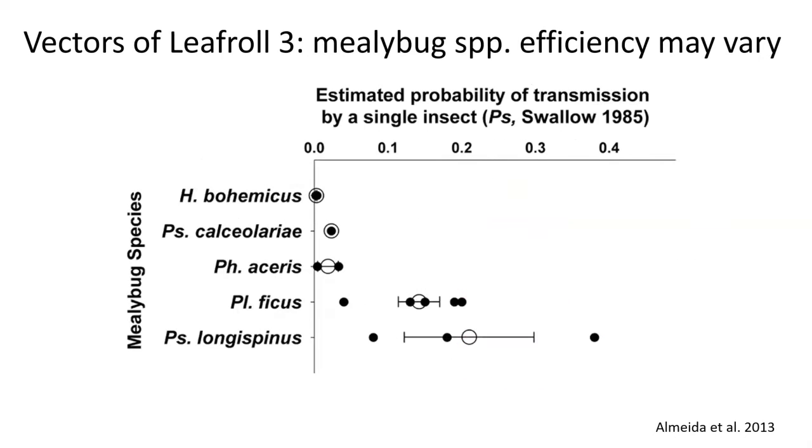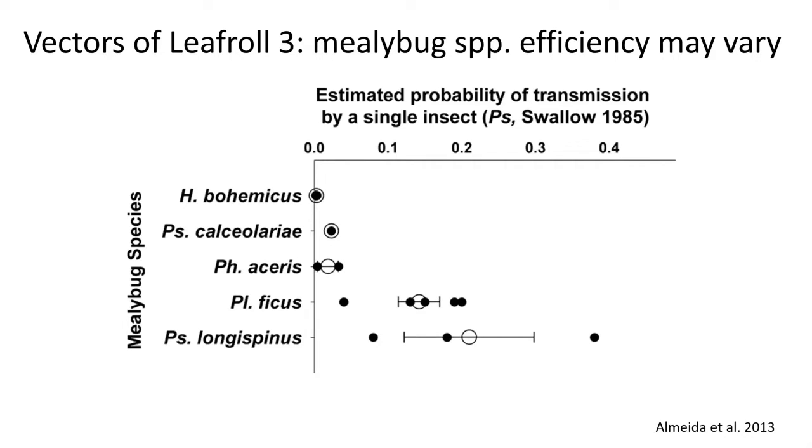Now, there are some differences in the efficiency of these different mealybug species to be vectors of this. So examples here, it shows that the long-tailed mealybug, Pseudococcus longispinus, was perhaps the most efficient vector, followed by vine mealybug, Planococcus ficus.